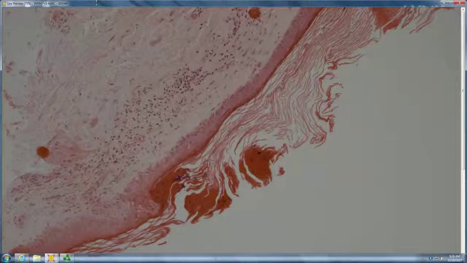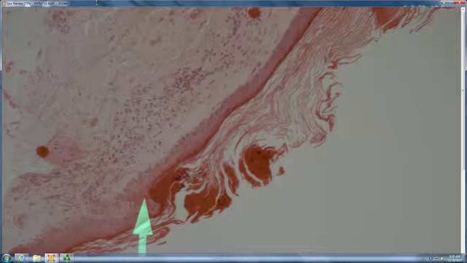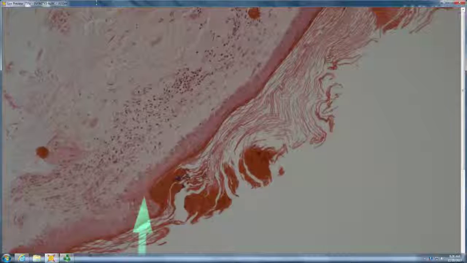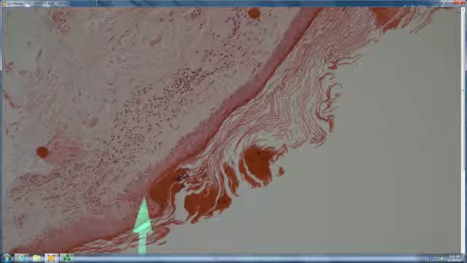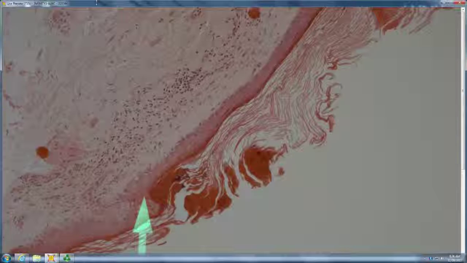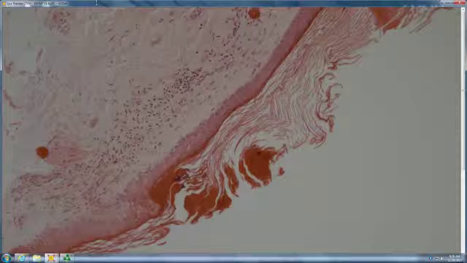Porokeratosis. Not poroma or acrospiroma, but porokeratosis with a cornoid lamella. Correct. Very good. Sometimes the terms run together.